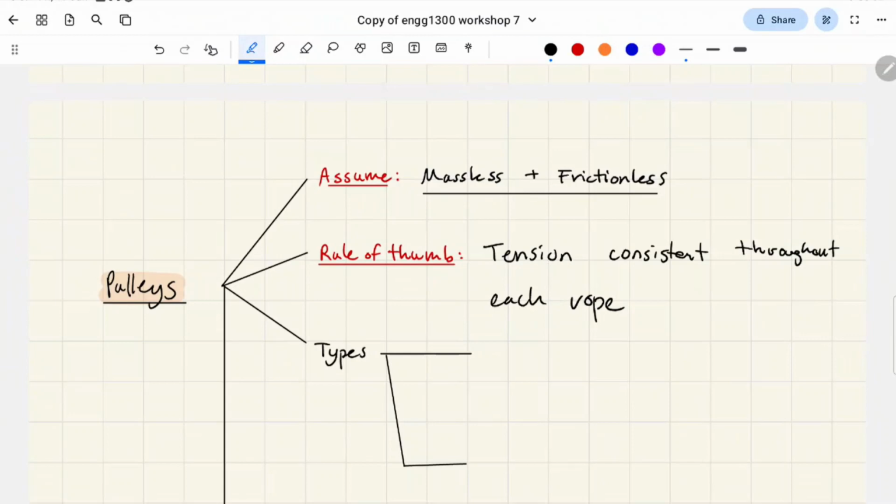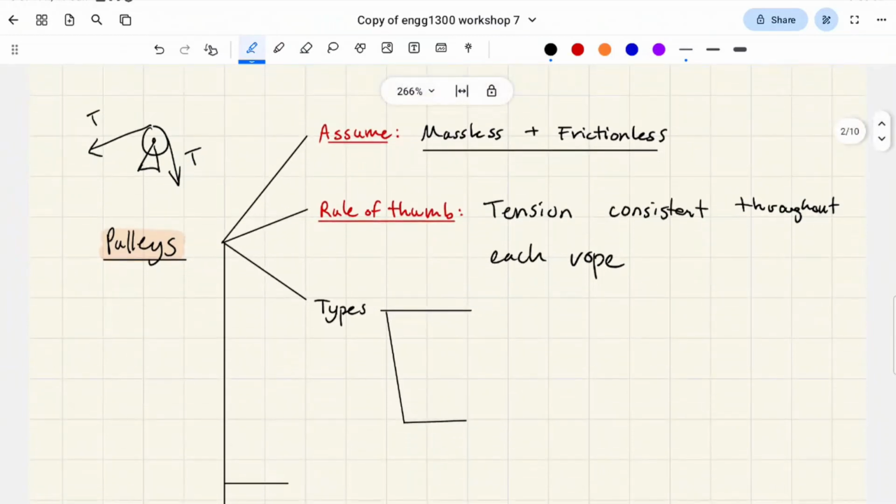I'll show you a few examples shortly, but if we have a rope and a pulley like that, you're never going to have the case where one part of the rope has more tension than another part. The tension is going to be the same between both ends, okay? And I'll tell you how the maths works out on that very shortly.